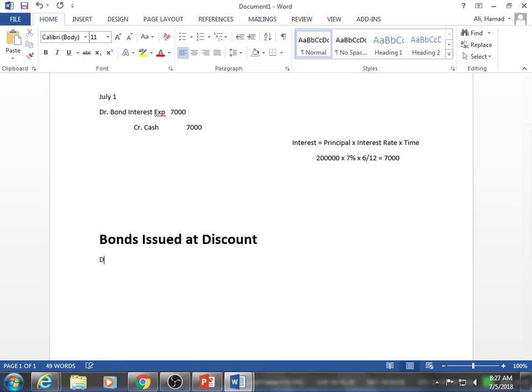We're going to debit cash for whatever the amount is, and we also debit unamortized bond discount, and we're going to credit bonds payable.